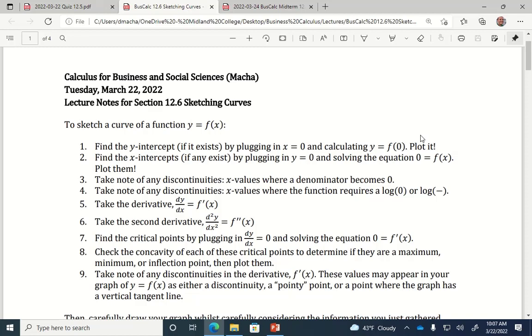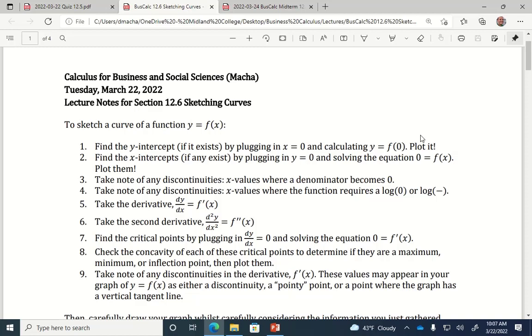And remember that critical points are always either a maximum or a minimum or an inflection point. And so to figure out if your critical points are maximums, minimums, or inflection points, you have to plug those x values, where you found your critical point, into the second derivative.